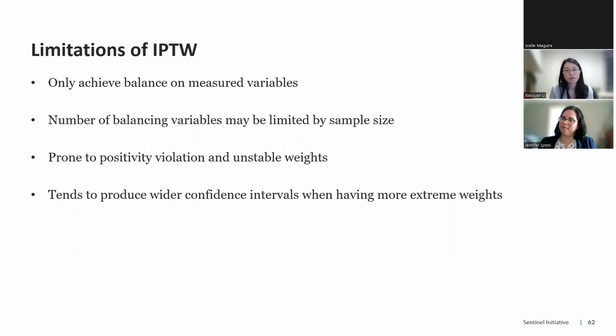And inverse probability weighting is also sensitive to positivity violations and will generate substantially large or small weights when covariate patterns potentially violate positivity, leading to wider confidence intervals or imprecision.